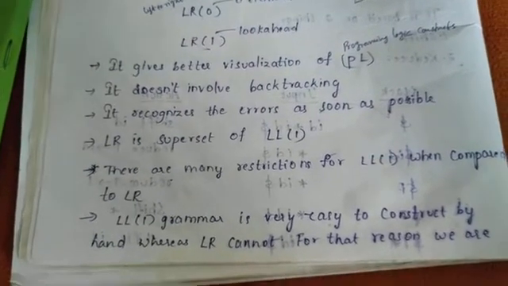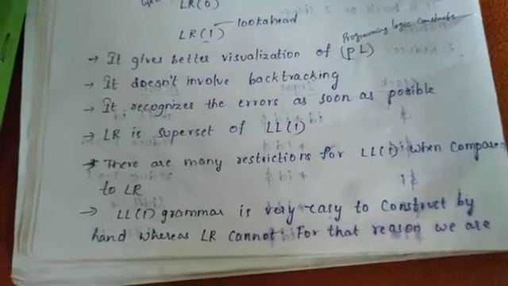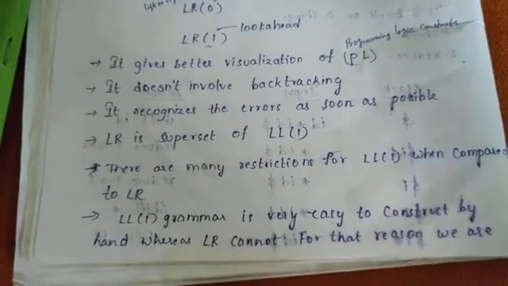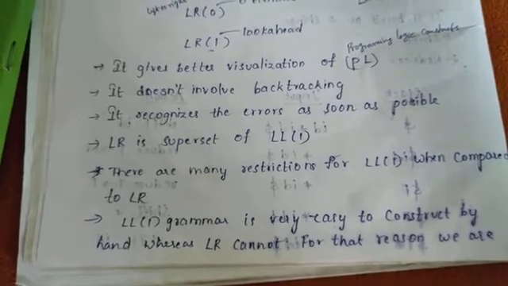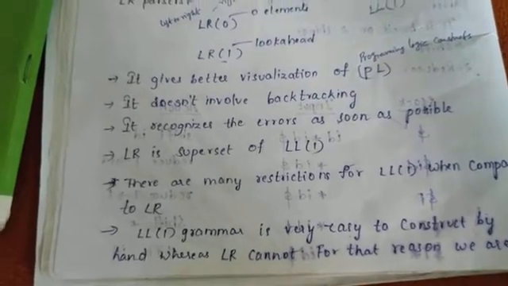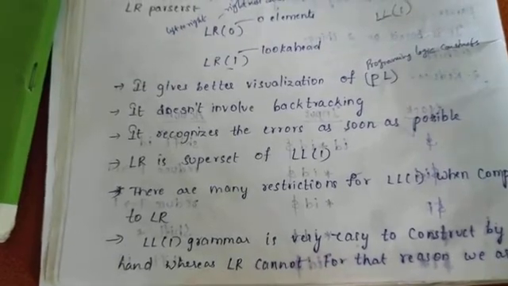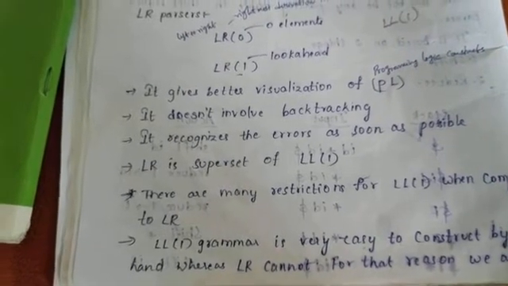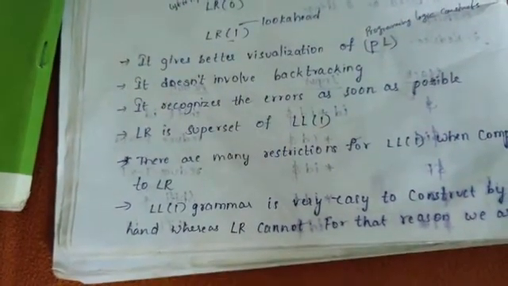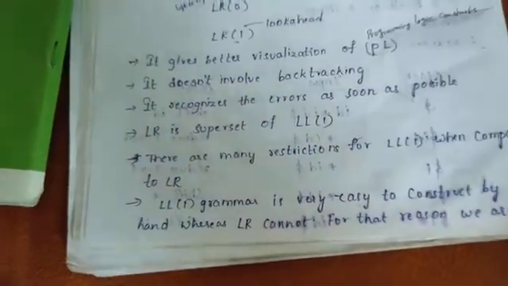And one more important point: normally in LL1, I told you, top down approach methods can be constructed by hand, but bottom up parsing techniques cannot be constructed by hand. For that reason these LR parsers cannot be constructed by hand. They can be constructed with the help of separate tools.